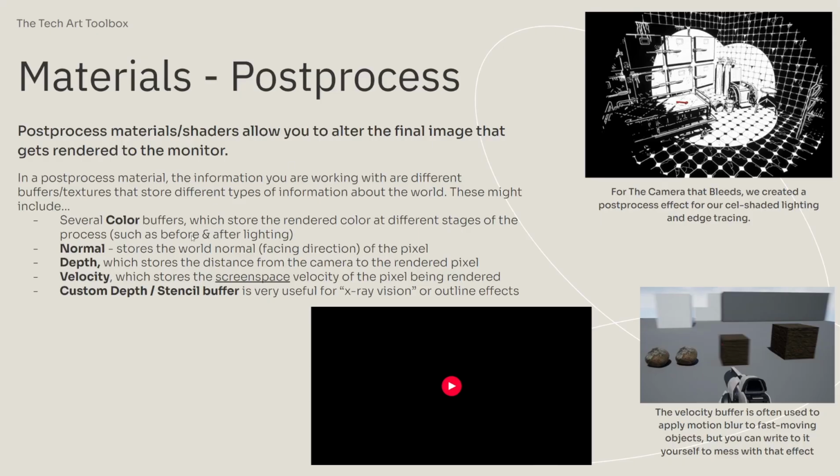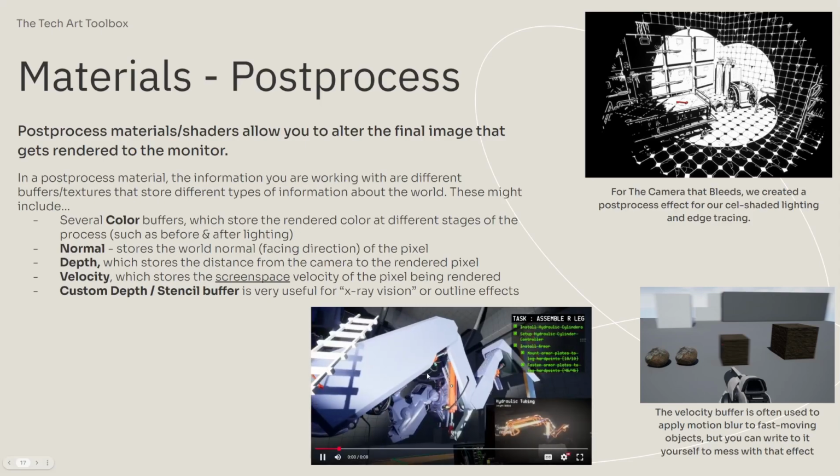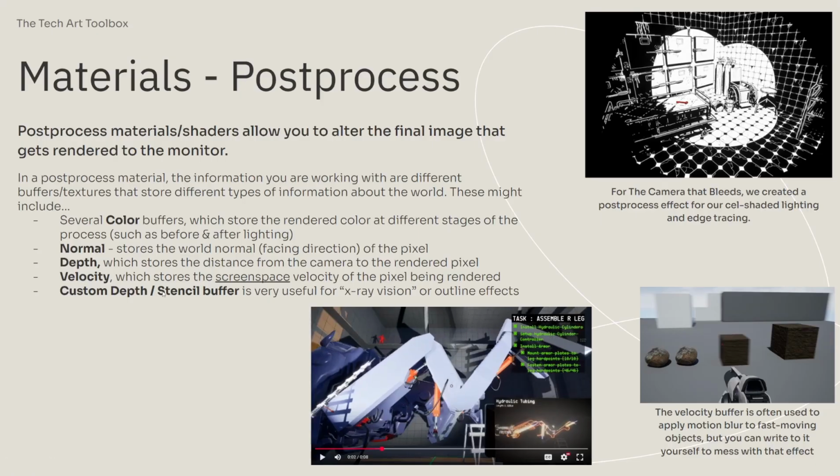Anyway, what else do I have here? Oh yeah, there's also a thing that's called a number of different things depending on your engine. It might be called custom depth in Unreal. I think it's called stencil buffer in Unity. Regardless, this is a special buffer. Oh, I should say, a buffer is just a texture.